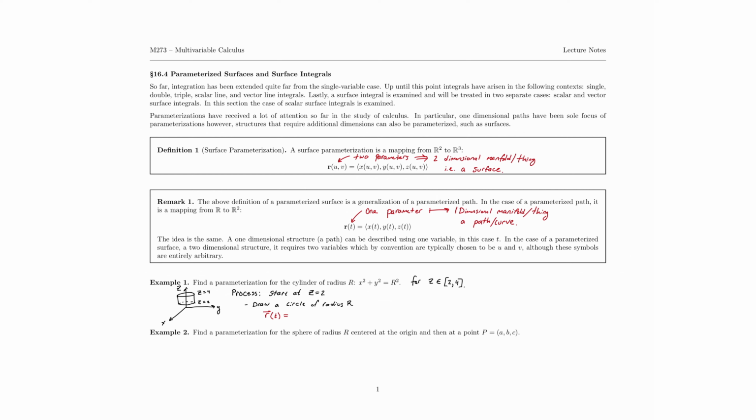So if I'm at a z value of 2, I know my z component's just 2. Now if I have a radius r, I know I'm going to have r in front of my sine and cosine terms. So I should have something like r cosine t, r sine t, and that will draw a circle of radius r at a z value of 2.